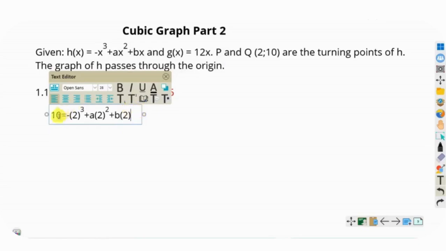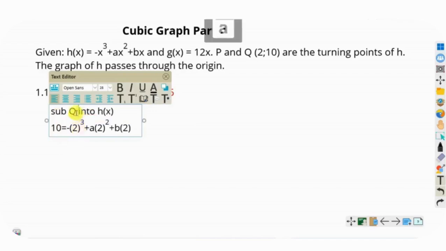Okay, I substituted the coordinate of Q, so I'll write here sub Q. That is what I did. I substituted the coordinate of Q into the graph of h, right?